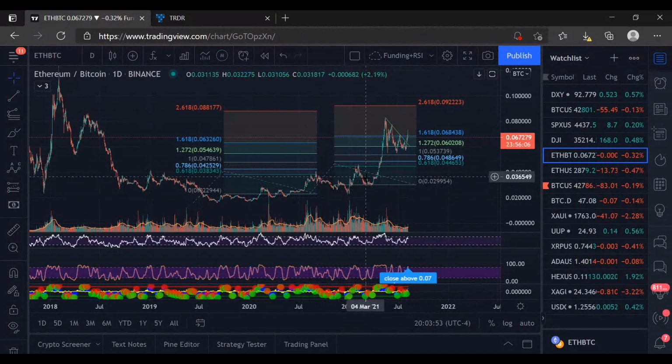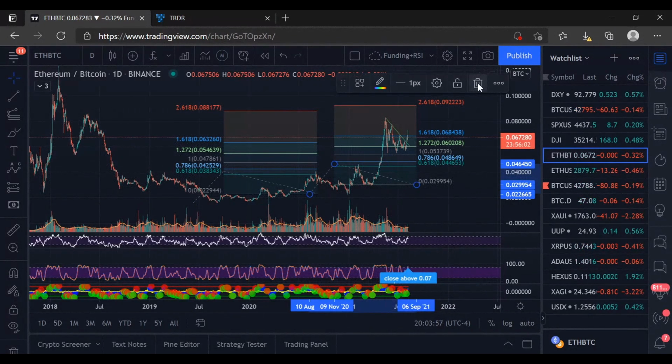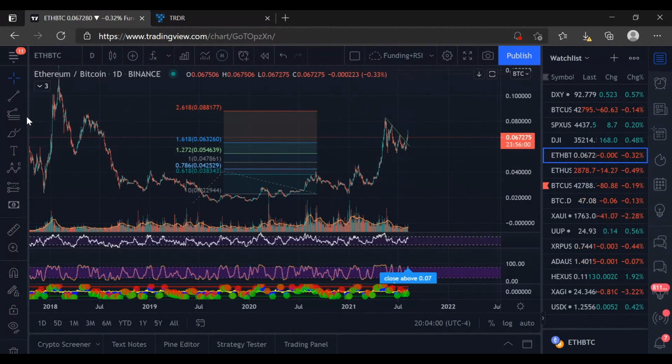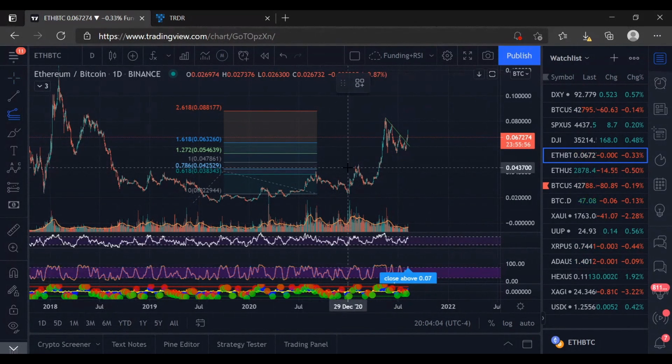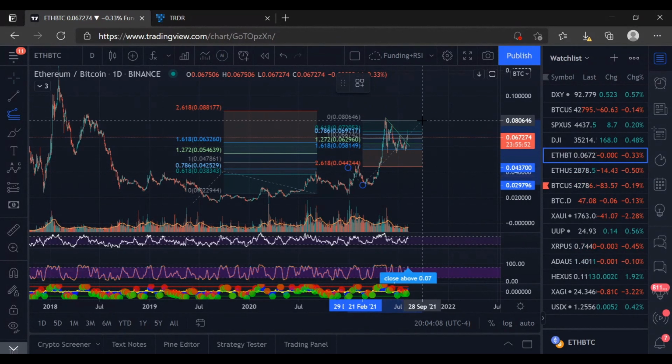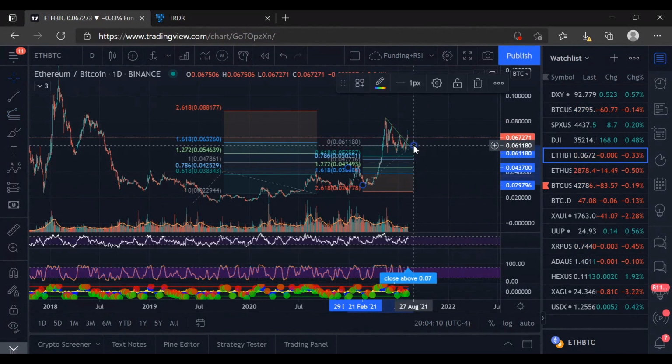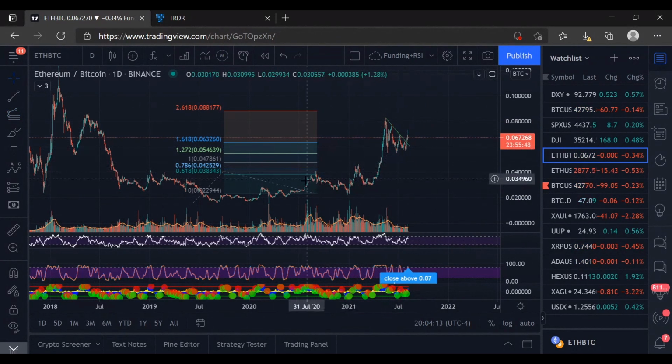Three waves. I mean, we could match. Let's try to match some of these legs. Let's see if it might be able to match that last leg. Nope, those don't match. How about the leg before it?